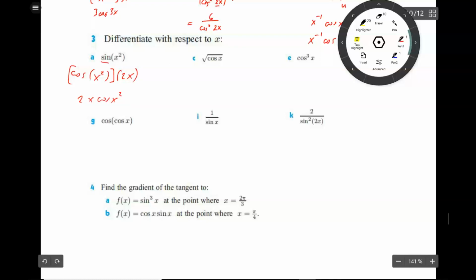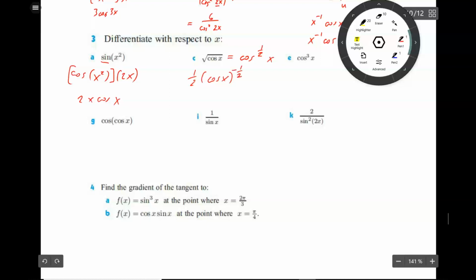C, square root of cosine x. So this is a function within a function. The outside function is square root. The inside function is cosine x. We could rewrite this as cosine x to the 1/2, right? So if we were going to take the derivative of this, first we would do the derivative of power rule. So we would get 1/2 times the inside cosine x to 1 less than the exponent, so it would be 1/2 minus 1, which would be negative 1/2.